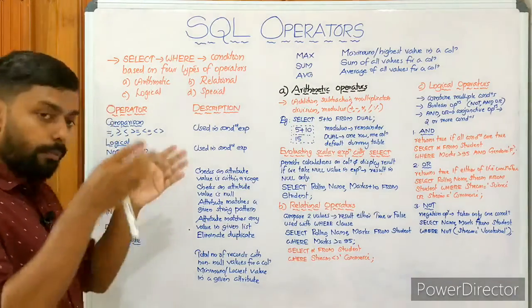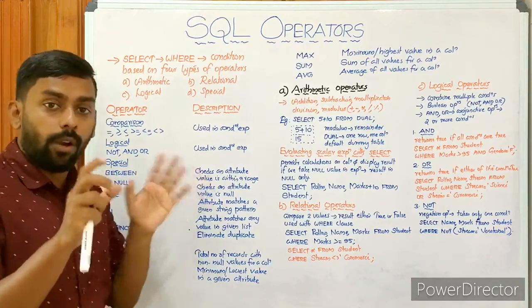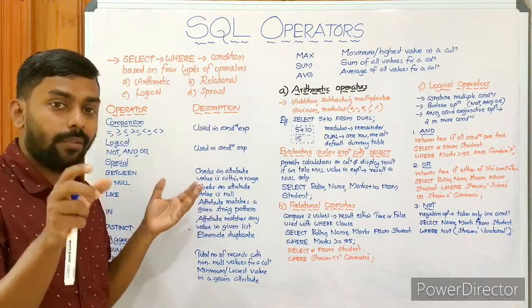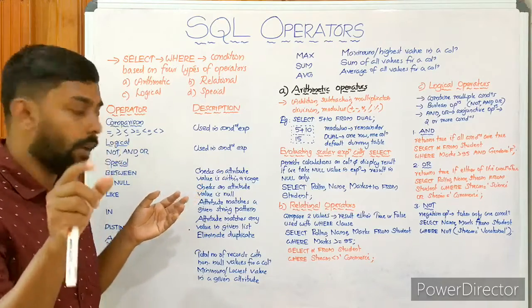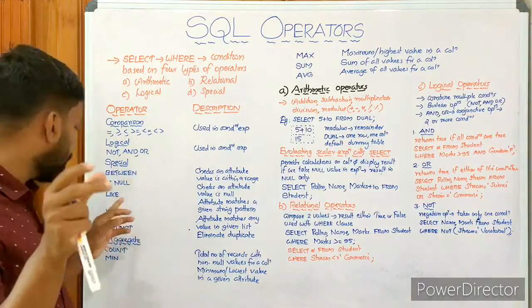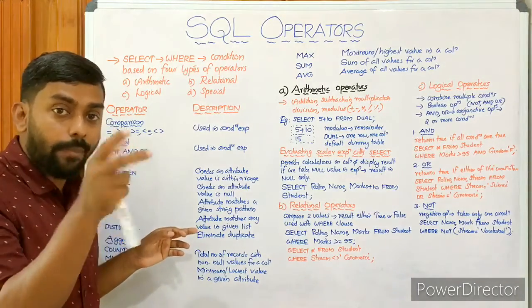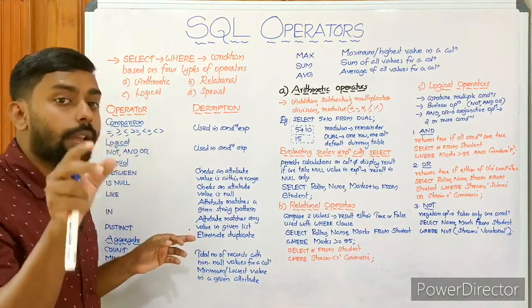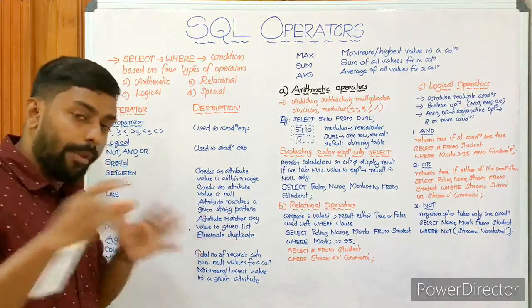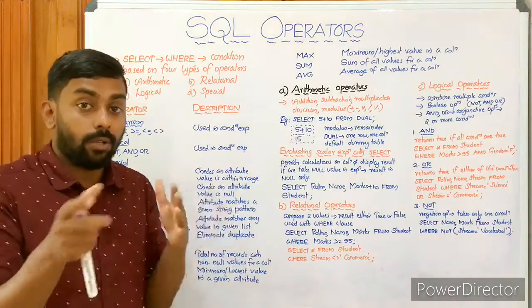Between checks two values. Is null checks for null, since we can't use equal to null because null cannot be assigned to or compared with any value. Like is used for pattern matching. In matches a given list. And distinct eliminates duplicate values, ensuring unique values.